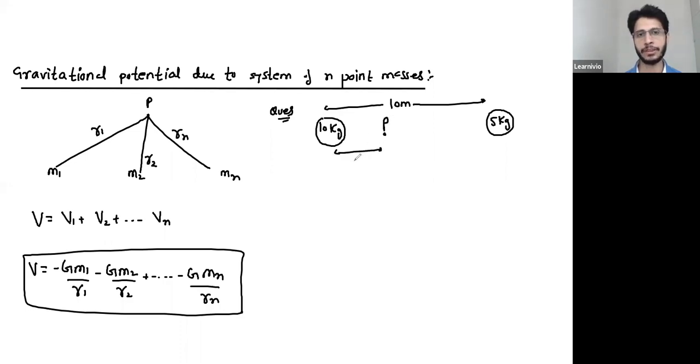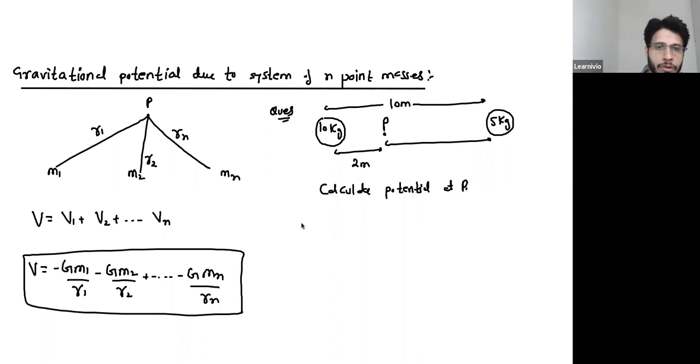From the 10 kg mass, this separation is 2 meter. You can calculate the other separation. Calculate potential at T. So let's call this mass 1 and this mass 2. This separation would be 8 meter, right? The distance between both the masses is 10 meter.